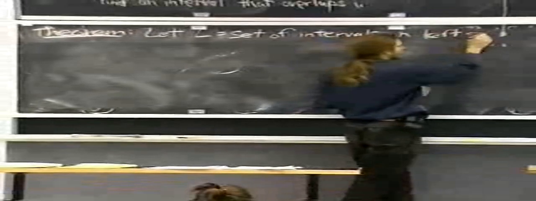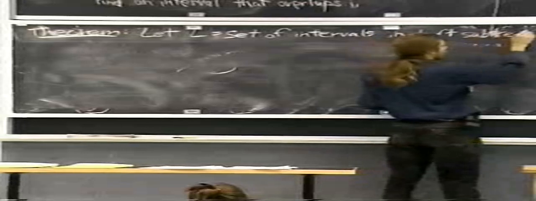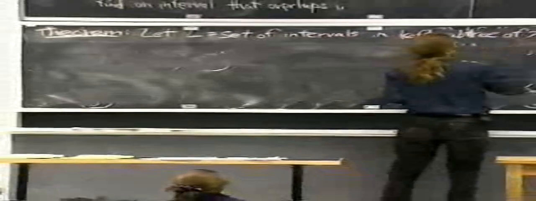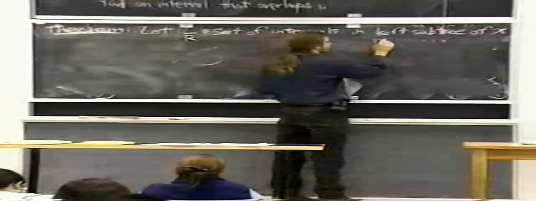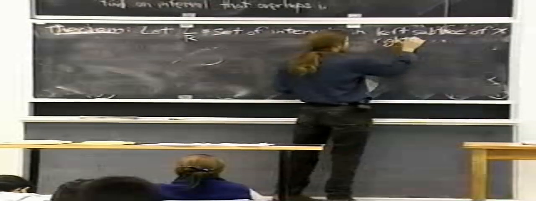Let L be the set of intervals in the left subtree of some node x, and let R be the set of intervals in the right subtree of x.